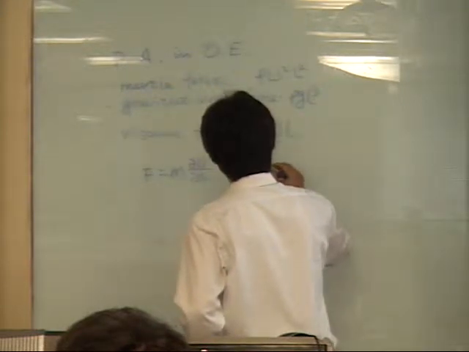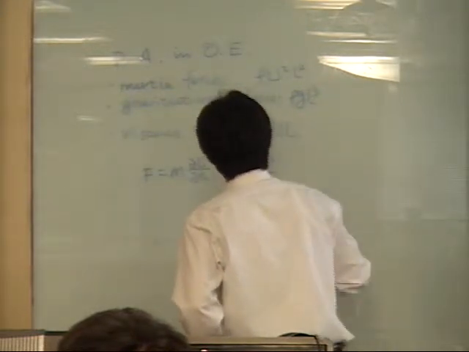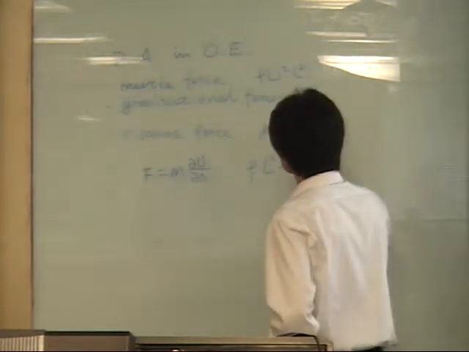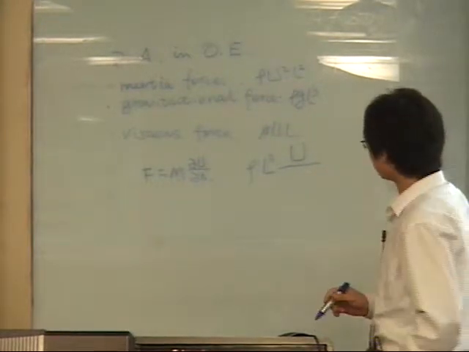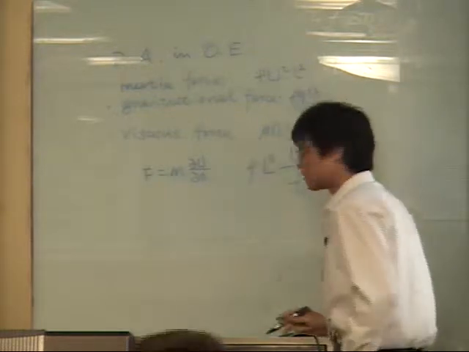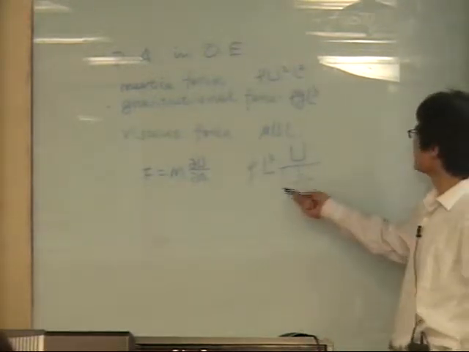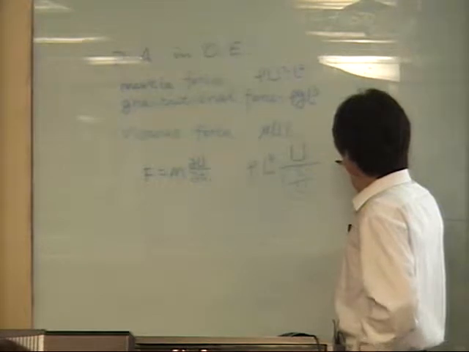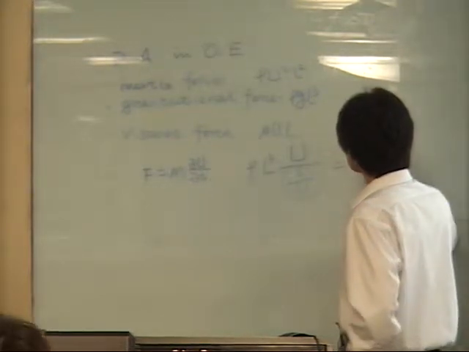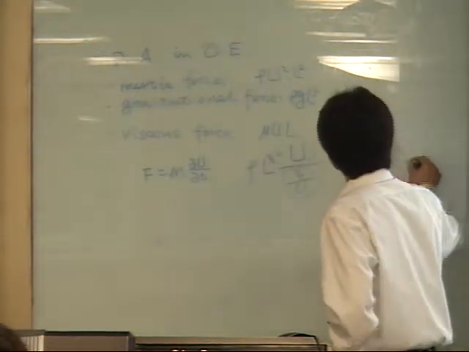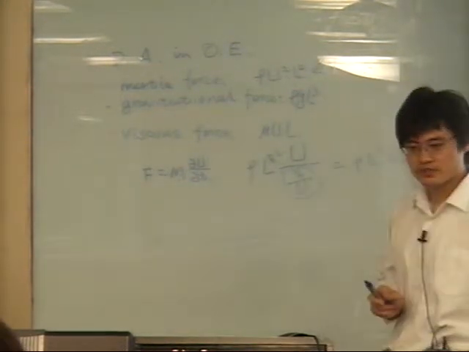Rho L cubed. U is U. What is t? We don't have a t, but we do have L over U. L over U is t, by dimensional scale, say. So this gives rho L squared U squared. This is how we get the inertial force.